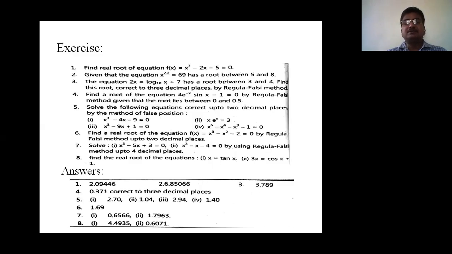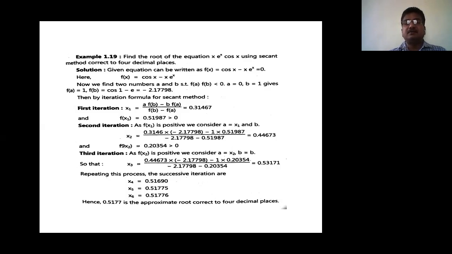Perform the fourth iteration, the fifth iteration, the sixth iteration. So this answer is x6. This answer is correct up to 4 decimal places.